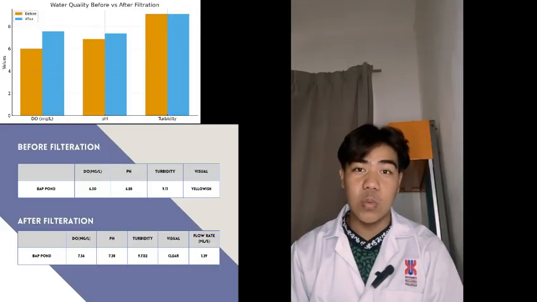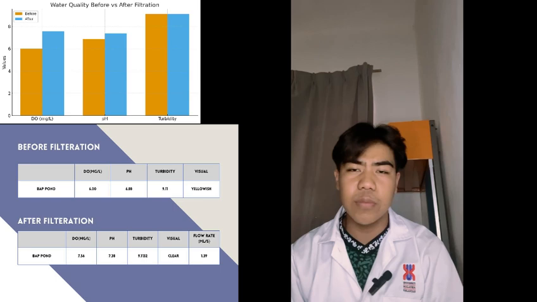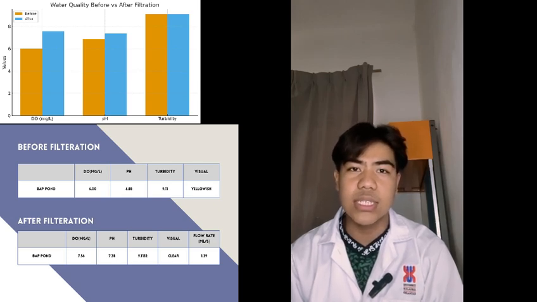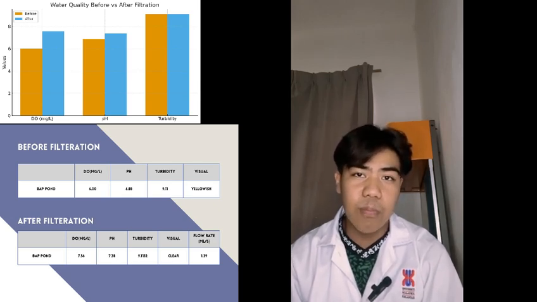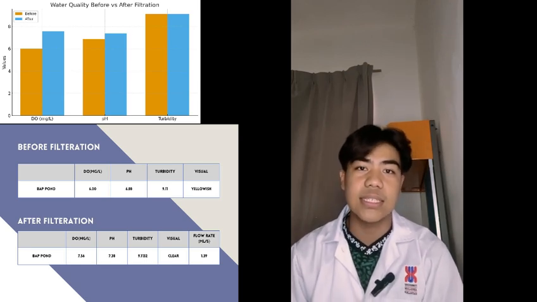For the BAP pond, we see a significant improvement in water clarity, with the visual changing from yellowish to completely clear. Dissolved oxygen increased from 6.00 to 7.56, which indicates healthier water suitable for aquatic life and reduced organic pollution. pH also moved slightly upward towards neutral, from 6.88 to 7.38, showing better water balance.